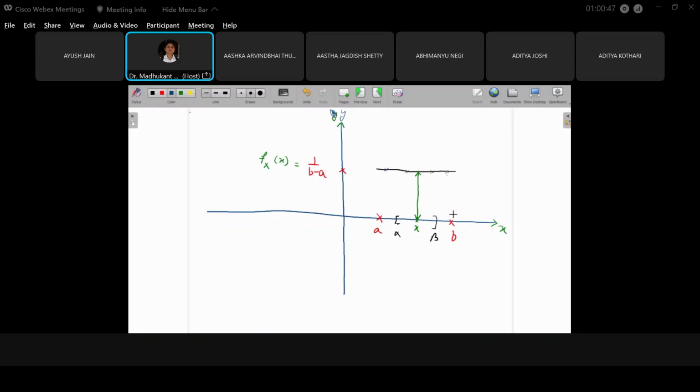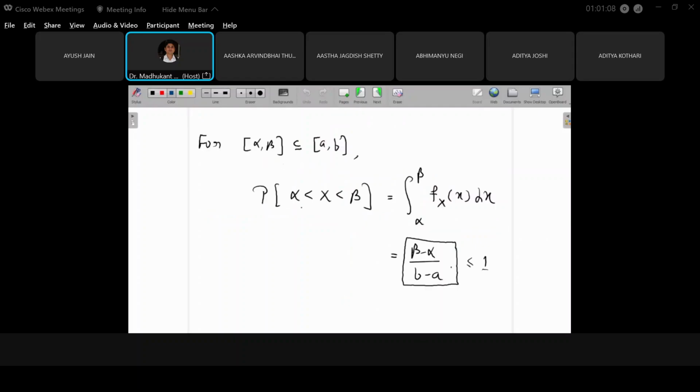Now if you take any interval alpha to beta, which is a subset of the closed interval [a, b], you know how to identify the probability over this interval. That's the integration from alpha to beta of f_X(x) dx. Since f_X(x) remains constant at 1 by (b minus a), this is nothing but the length of the interval alpha to beta, that is (beta minus alpha) by (b minus a).